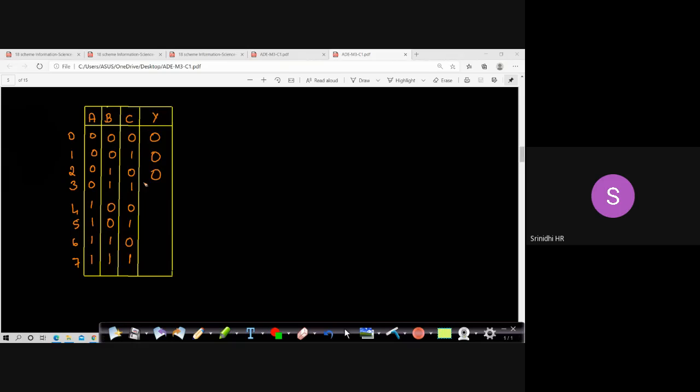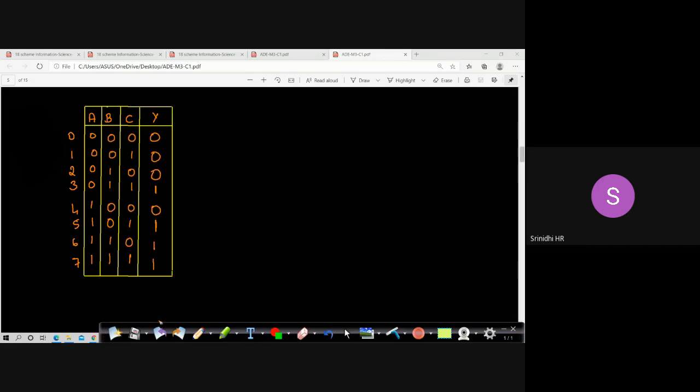Here again it is 0. Here I have two ones, which is more than one, so my output will be 1. Next, here it is 0. Here I have two ones, so it is 1. Here I have two ones, so it is 1. Here I have three ones, which is more than one, so the output is again 1.